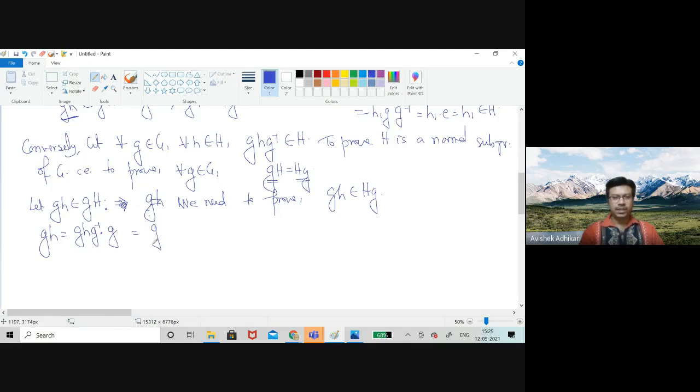So by the associative law, g h g inverse into g. Now according to your hypothesis, for all g belonging to G and for all h belonging to H, g h g inverse must belong to H. That means this belongs to where?